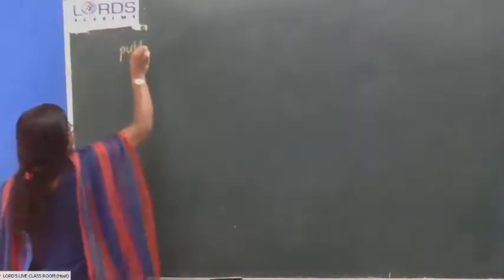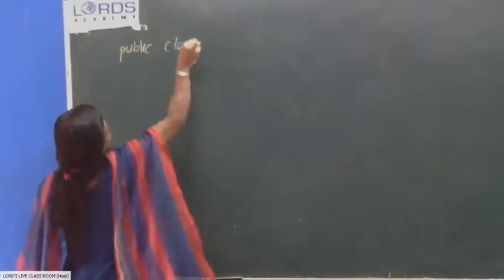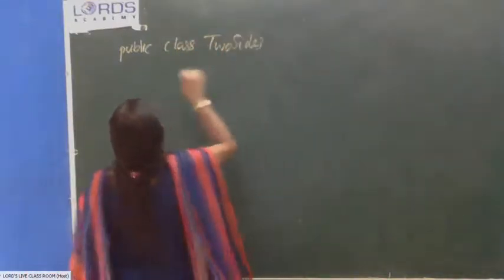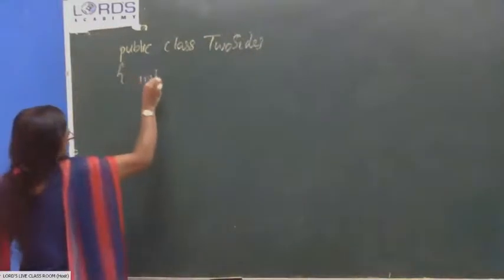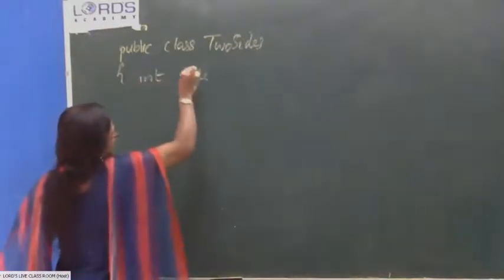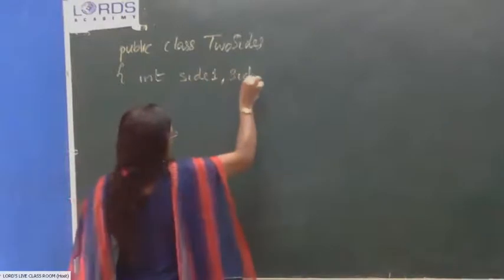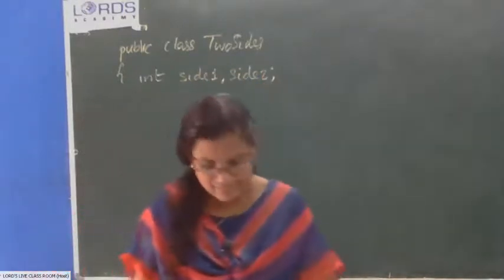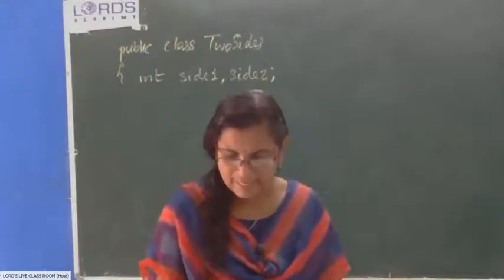Public class 2 sides. Int side 1 comma side 2. Both are instance variables. Okay, side 1 comma side 2.